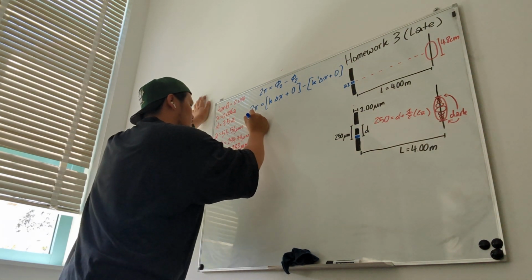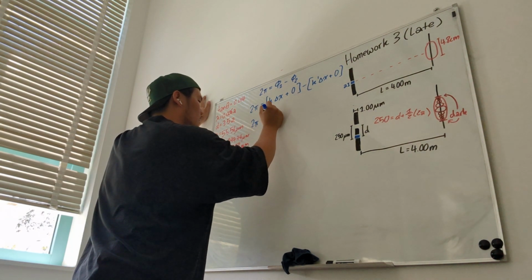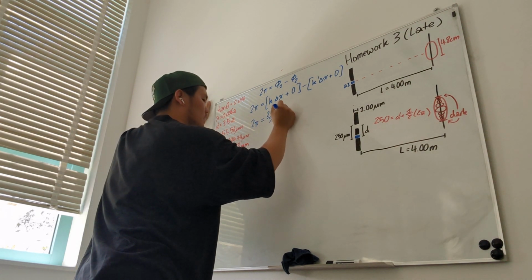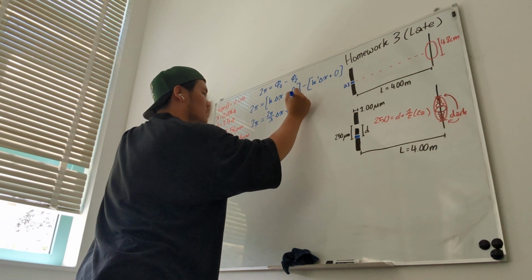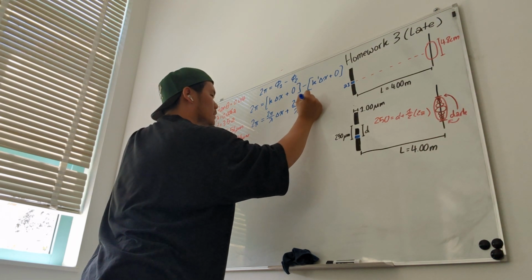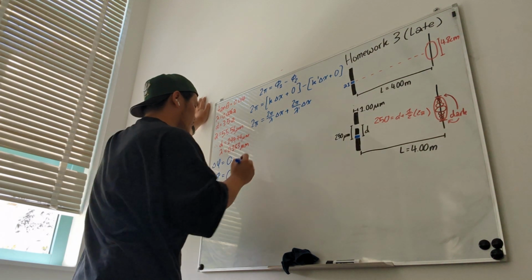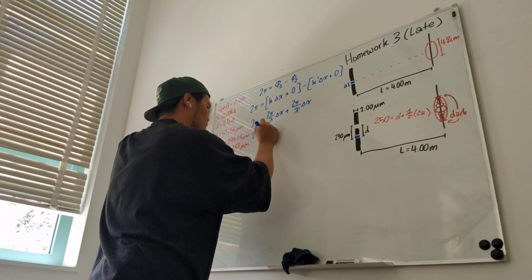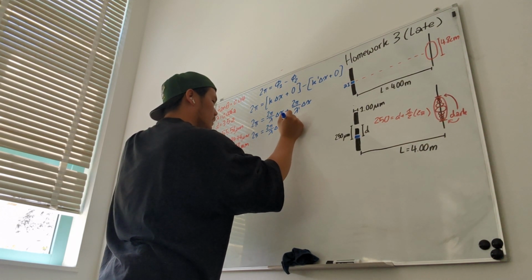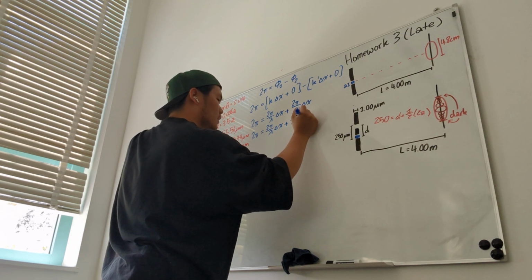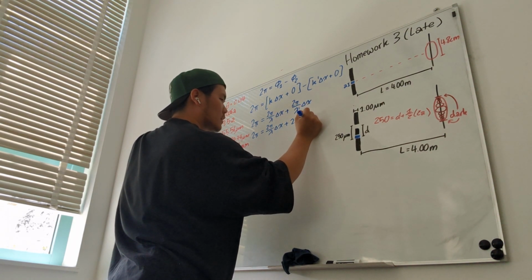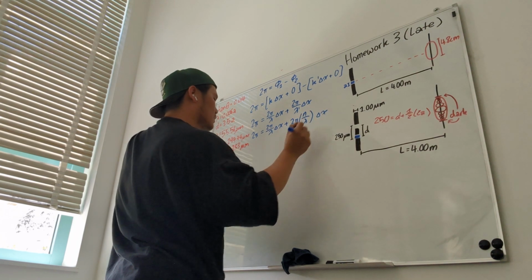What we're left with there is 2 pi is equal to k, which is 2 pi over lambda, which we've already calculated out, delta x, plus 2 pi over lambda prime, delta x. What's lambda prime? Well, it's 2 pi is equal to 2 pi over lambda, delta x, plus 2 pi over lambda over n, but it's flipped because it's on the denominator, delta x.